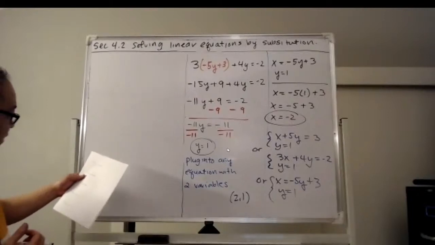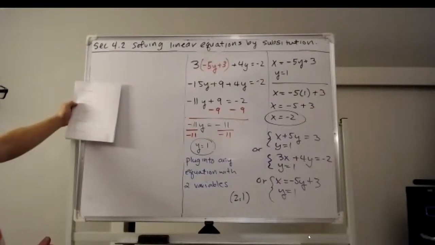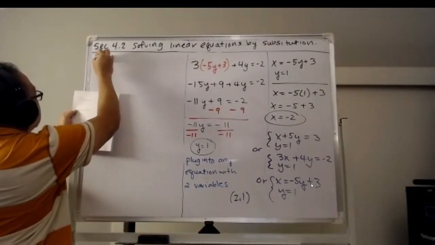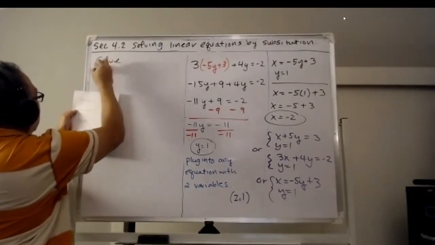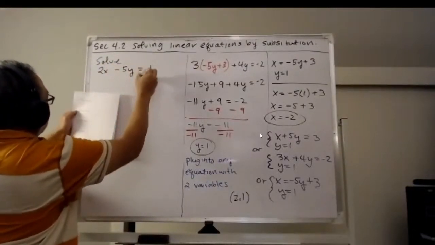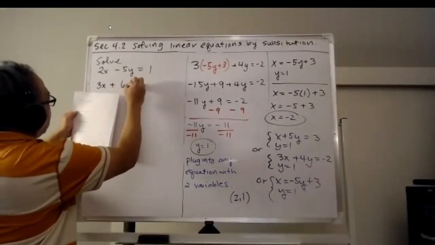Okay, now let's give you the whole shebang. Solve 2x minus 5y is equal to 1, 3x plus 6y is equal to 15.